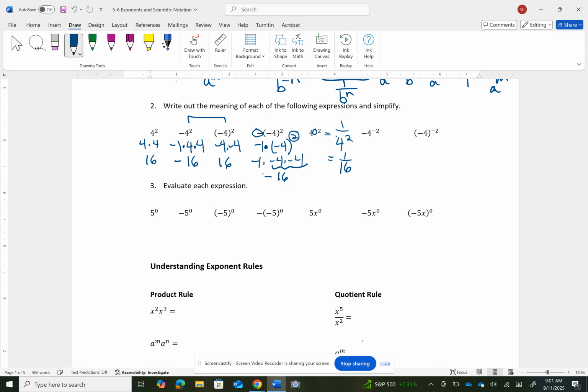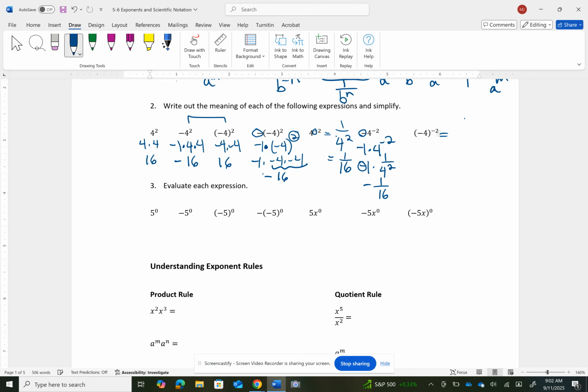On the second one, this negative is not stuck on the 4. They didn't put it in parentheses. You should think about it as -1 times 4 to the -2nd power. So that's -1 times 1 over 4 squared. So that's 1 over 16, but then you have to take its opposite. Okay. Right, and on the last one, the -4 is in parentheses.